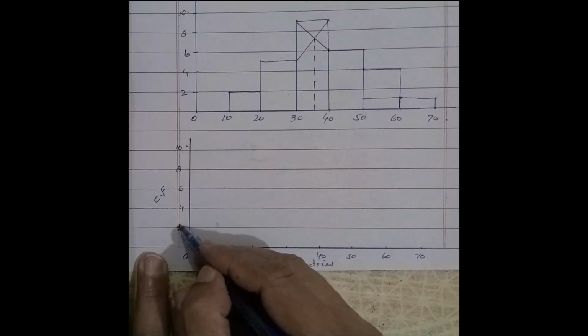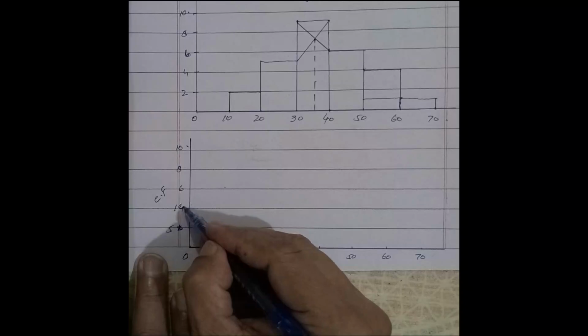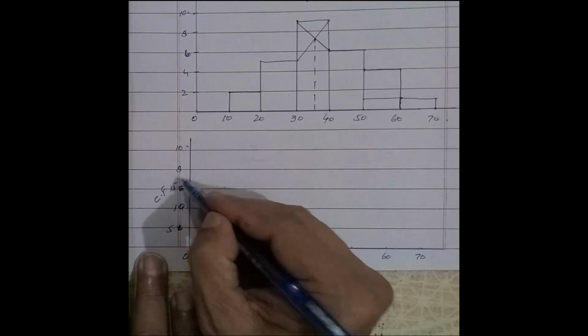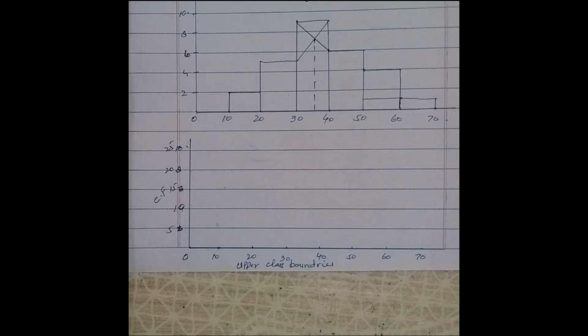Sorry, it is 5, 10, 15, 20 and 25. We find the cumulative frequency and we take the scale greater than the histogram.